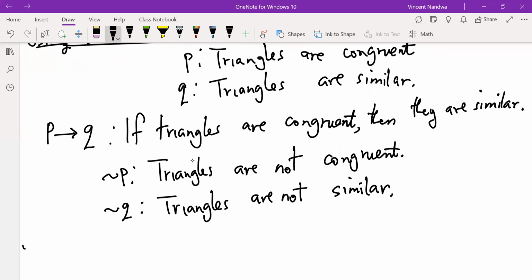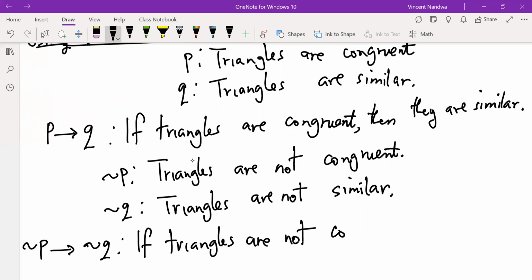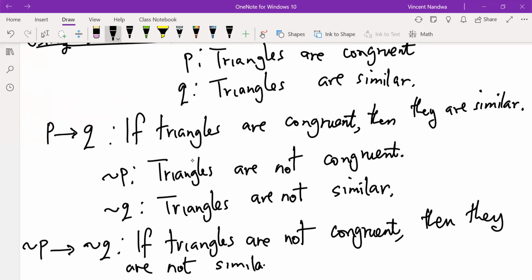So not P implies not Q will be if triangles are not congruent, then they are not similar. So therefore, this is the inverse of the given implication P implies Q.